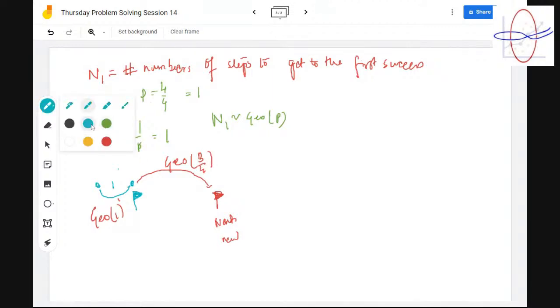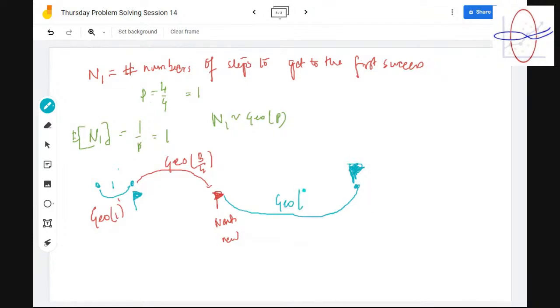And again, due to the memoryless property of geometric, the next one follows geometric 2 by 4. And finally, in the final step, you get the final success.